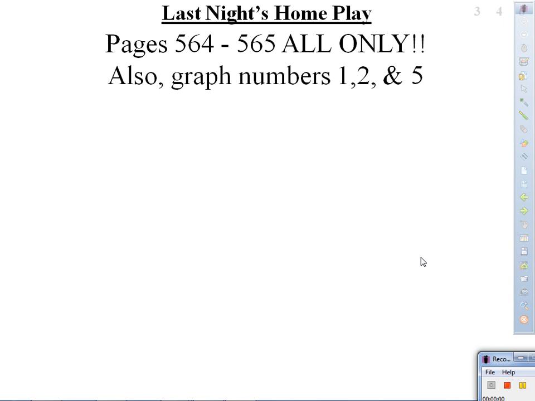Once again, pages 564, 565, and you're going to graph only numbers 1, 2, and 5. I know the book does not ask you to do that, but I'm asking you to do that. All right, we're good? Yes, Mr. Q. All right, good.